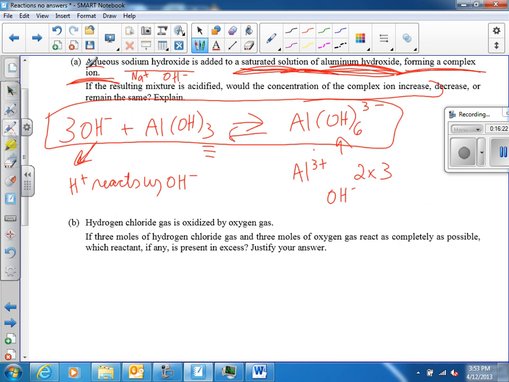So, by Le Chatelier's principle, let's see what happens. The reaction goes left, and the complex ion concentration goes down.